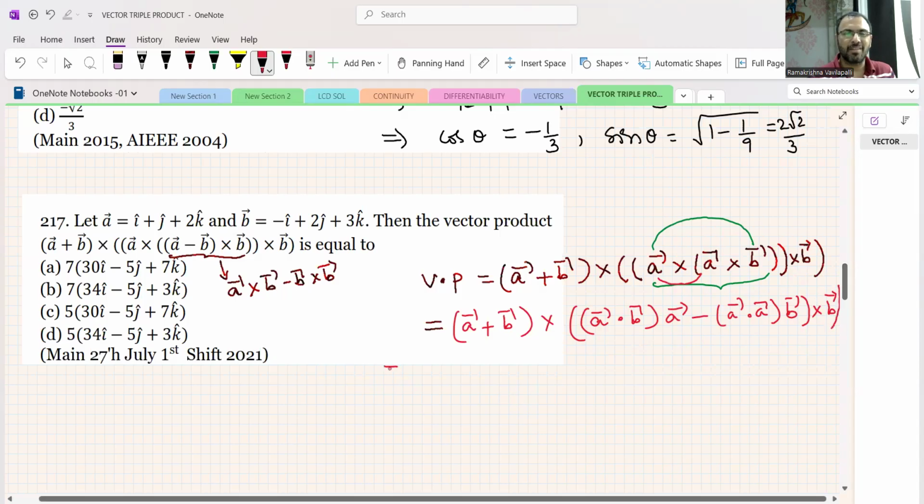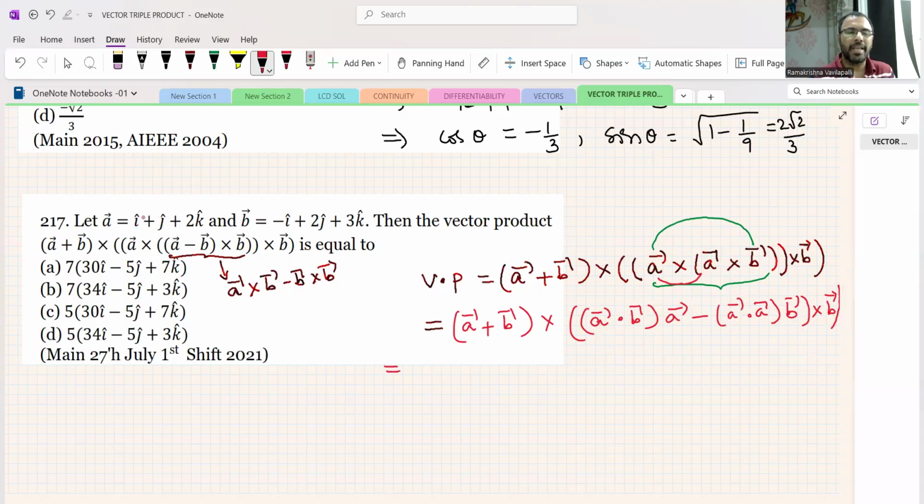So this is equal to, now you see what is the A bar dot B bar. A bar dot B bar value is equal to, you see that 1 into minus 1, and this is 1 into 2, and this is 2 into 3. 6 plus 2, 8, 8 minus 1, it is 7. So A bar dot B bar is equal to 7.